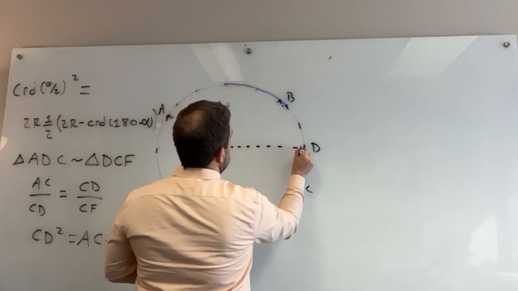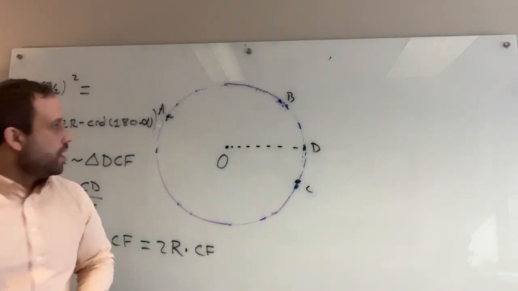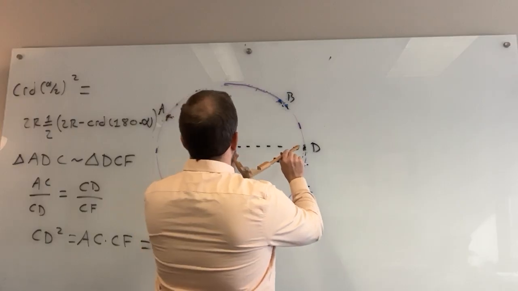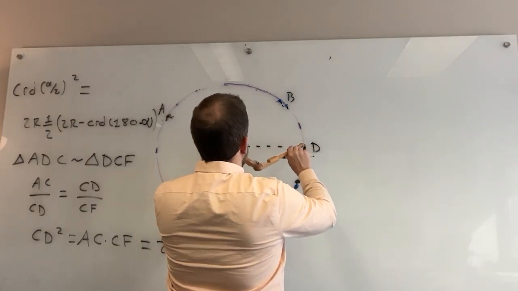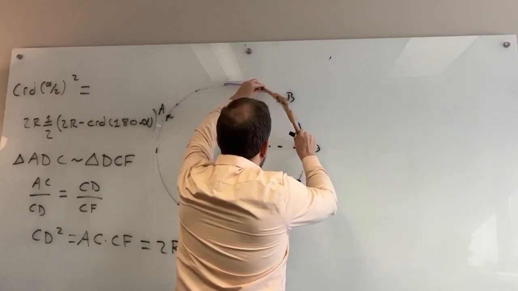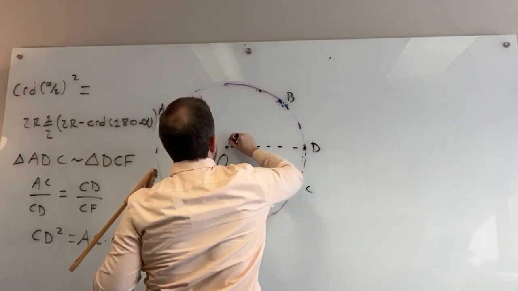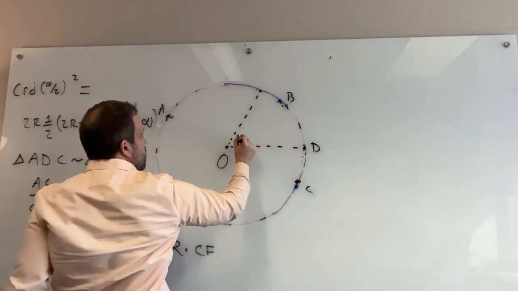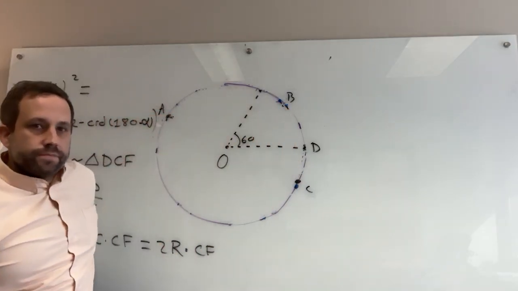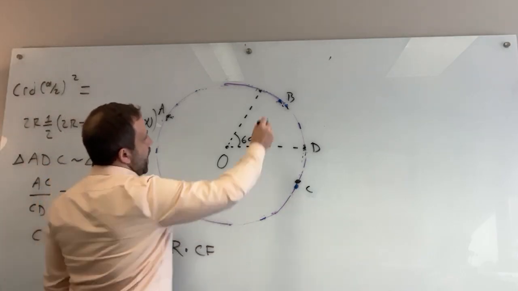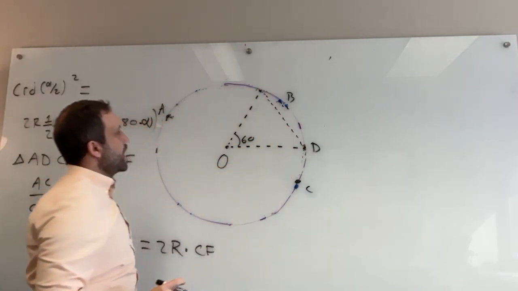Should not have erased that. And let me just do something here. Okay, this right here is roughly 60 degrees. And if you look at something like that, this is what we're going to have.